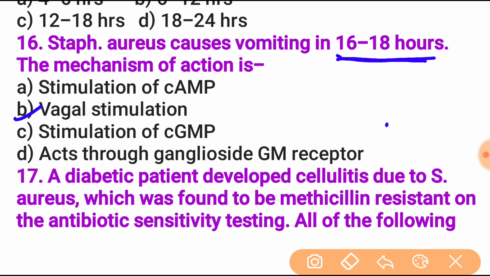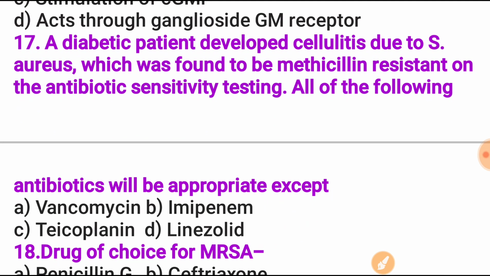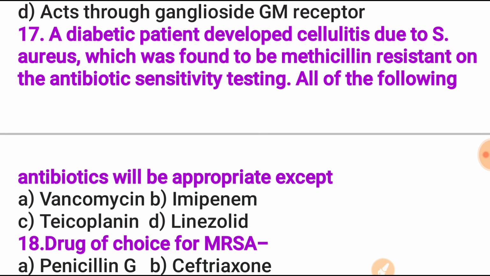Next question: a diabetic patient developed cellulitis due to S. aureus, which was found to be methicillin resistant on antibiotic sensitivity testing. All of the following antibiotics will be appropriate except: vancomycin, imipenem, teicoplanin, and linezolid. Choose the right answer.